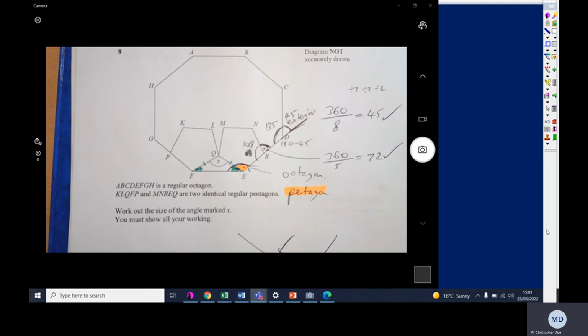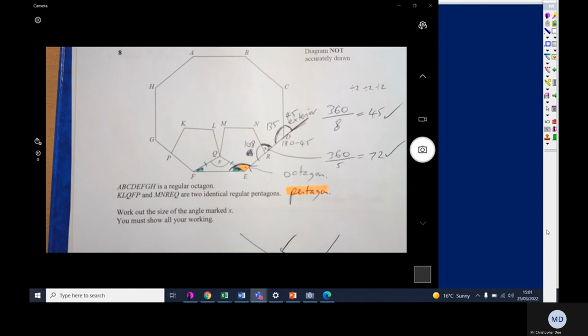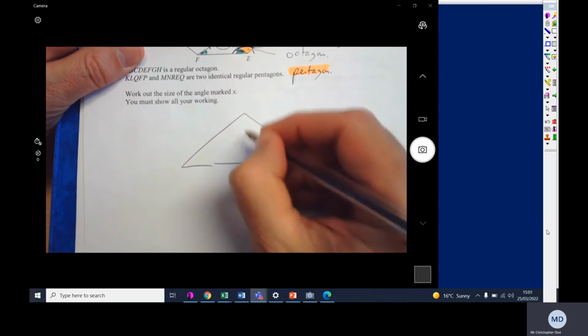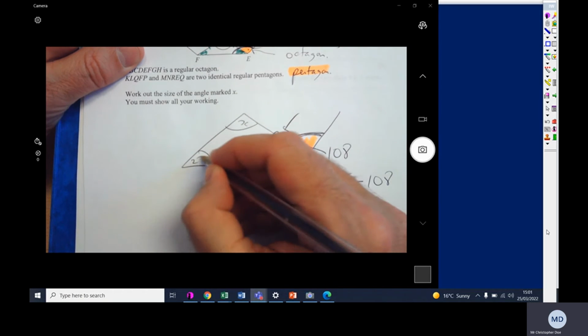But then this orange bit here, the interior angle of the pentagon, is 108. So I'm doing 135 minus 108 equals 27. And the two green bits are 27. That's my green angle there, 27. That's X. Another 27 there.